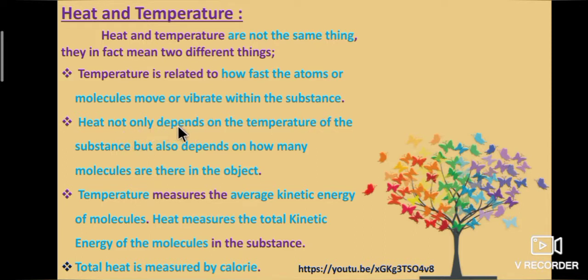Heat not only depends on the temperature of the substance but also on how many molecules are there in the object. Temperature measures the average kinetic energy of molecules. Heat measures the total kinetic energy of the molecules in the substance. Total heat is measured by calorie. To know more details about heat and temperature, see the link below.